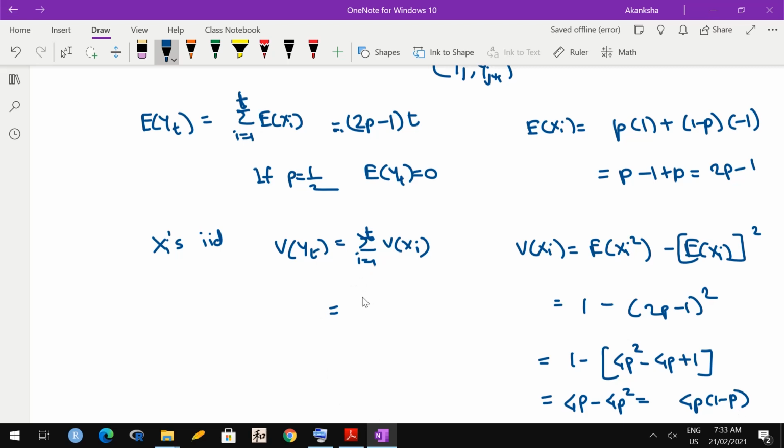So the variance of Yt is t times 4p into (1 minus p). So if p is equal to half, the variance of Yt is t. So the variance of Yt being t means the variance is not free from t, and hence we would conclude that the process is not stationary. Therefore, a random walk is not a stationary process.